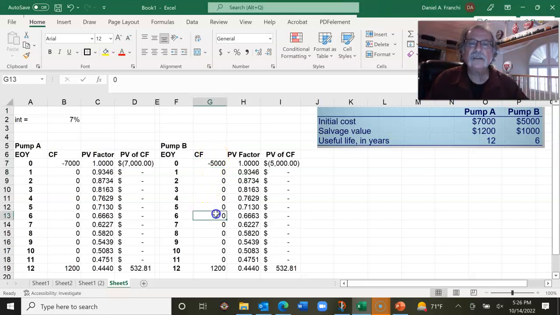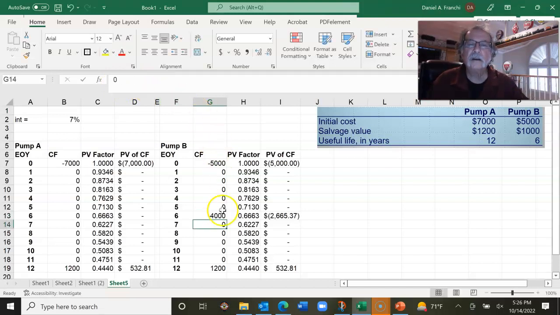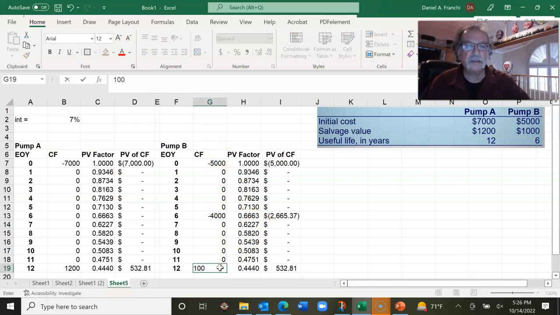And at the end of the 6th year, we're going to get $1,000 back, sorry. But we're also going to spend an additional $5,000 for another pump. So we're going to spend a net of $4,000. And then we're going to get this $1,000 for the second pump at the end of year 12.